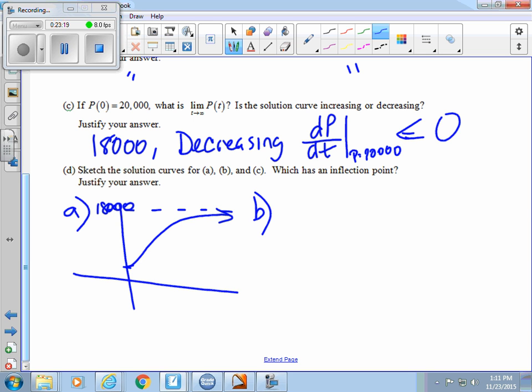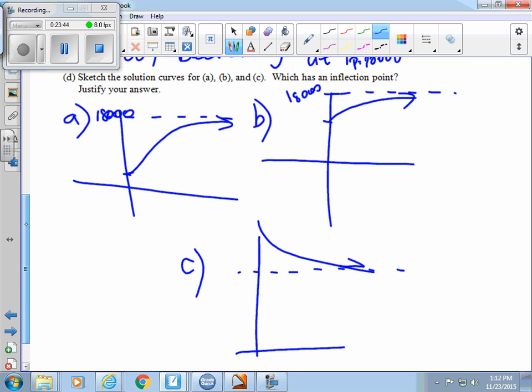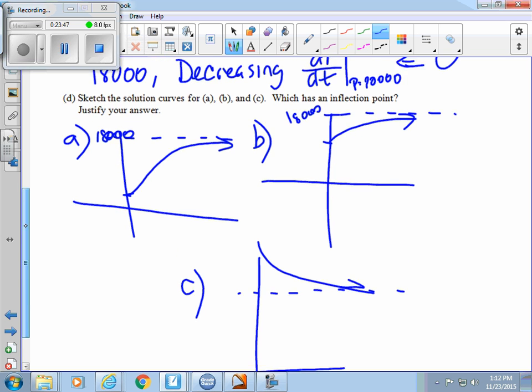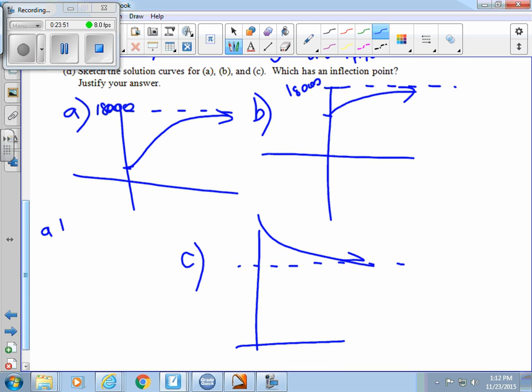B, we will have already started above that point of inflection change. The 10,000s, so we're already more than halfway. So we can say yes. And let me read the question again, probably. And C will be decreasing. So which has a point of inflection? A is the only one with a point of inflection.